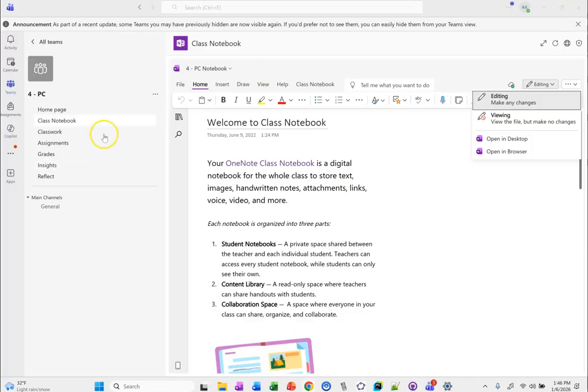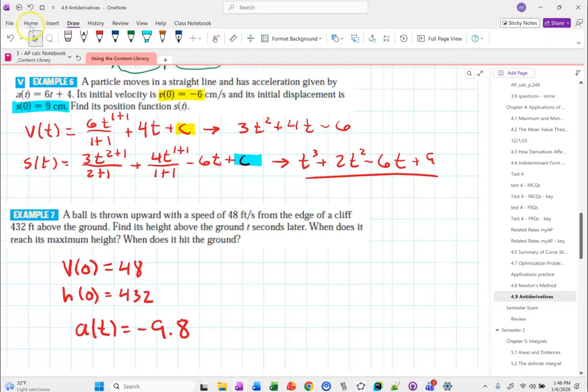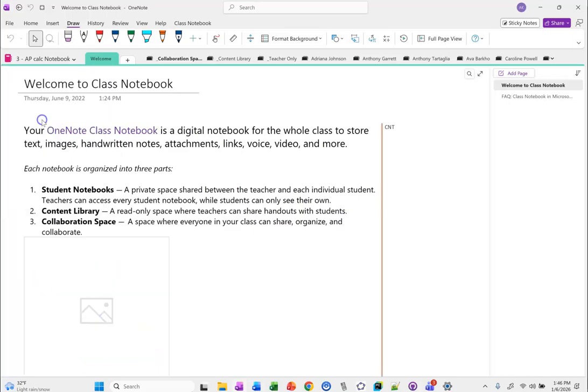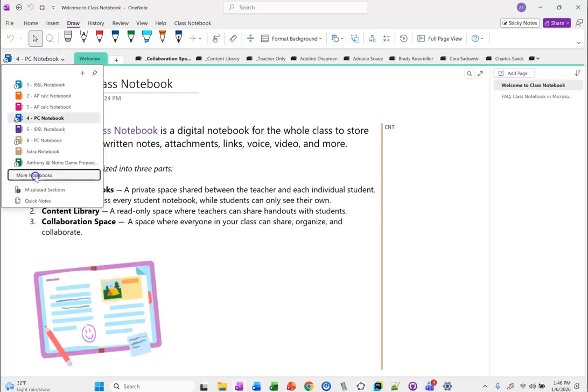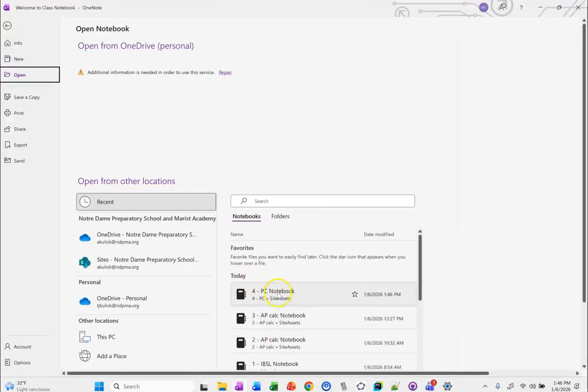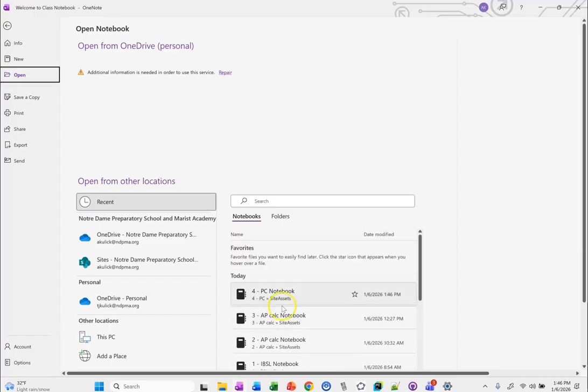So, looking at your OneNote, you should have something on your drop-down that says 4PC. If it didn't open automatically, if you go to more notebooks, it'll be there in that list. It should have opened, but occasionally it doesn't.